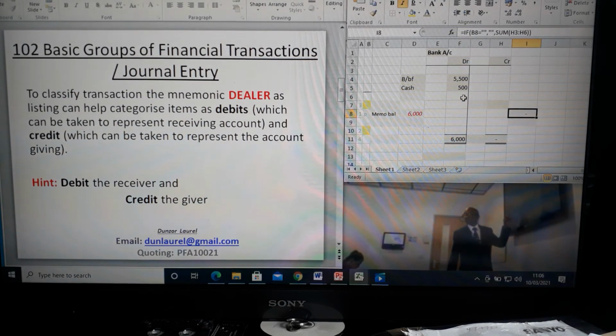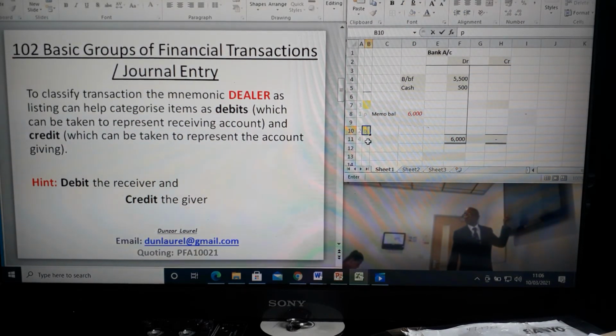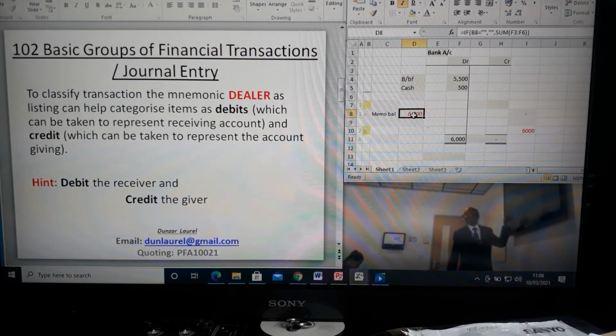To close up this account, I will need to find the difference between these two balances. So if I post to find the difference, I will notice that the difference is 6,000. So the debit is higher than the credit by 6,000.